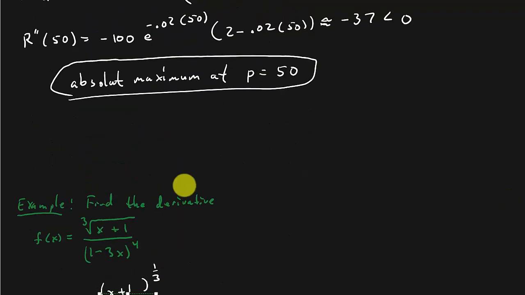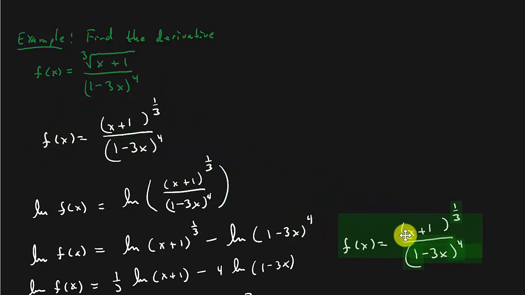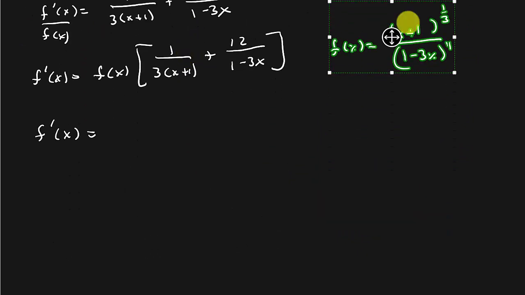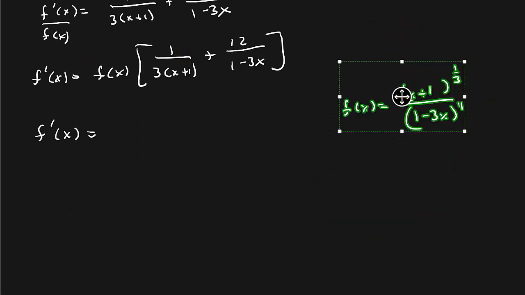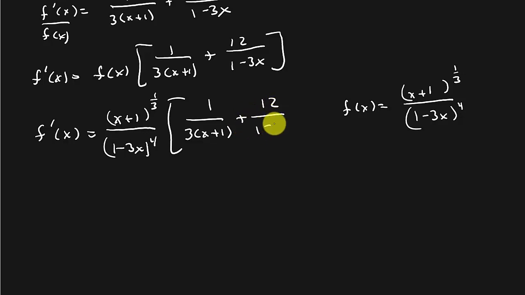Be patient with me. So what's f of x? That's x plus 1 to the 1/3 over 1 minus 3x to the 4th times 1/3 times x plus 1 plus 12 over 1 minus 3x.